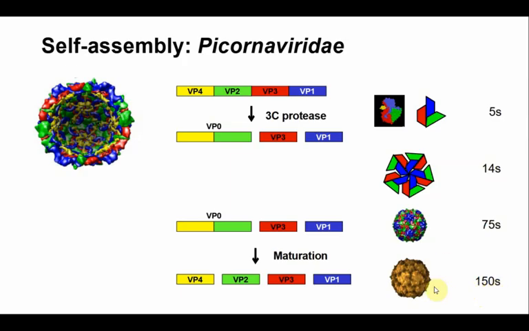It's the same size, it's denser though. So the maturation step is catalyzed by incorporation of the RNA and the final proteolytic cleavage here. So it's kind of autonomous, but the proteins on their own aren't sufficient.